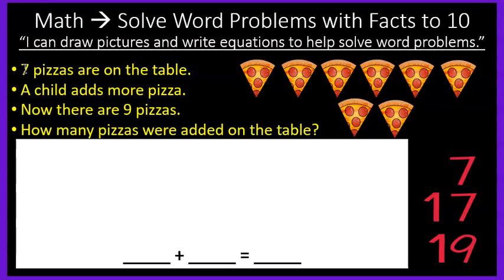You're going to quickly say, okay, that is 7. I see it. So I know I'm going to have to draw 7 of something here. Okay? Now let's read it. 7 pizzas are on the table. Now, boys and girls, how many pizzas are on the table?